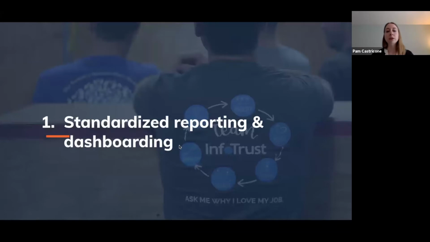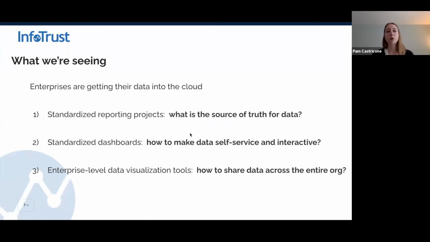So there are three things that we're seeing through our work with our partners. And the first one is standardized reporting and dashboarding. So first off, we're seeing that enterprises are getting their data into the cloud. Some are using GCP as a data lake where they're storing large quantities of mostly unstructured data.